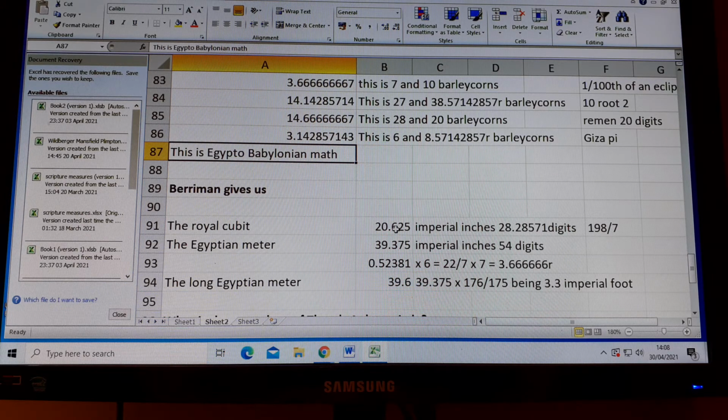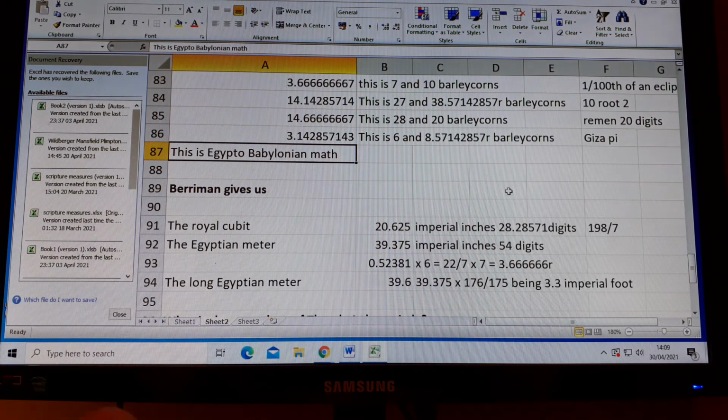And what we find is 20.625 divided by 39.375 is the base unit that's being used here. So if we divide that by this base unit, we get 7. And the base unit is the royal cubit divided by the Egyptian meter, which is incredibly complicated, but somehow he managed to work it out.